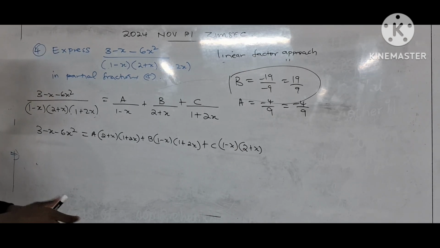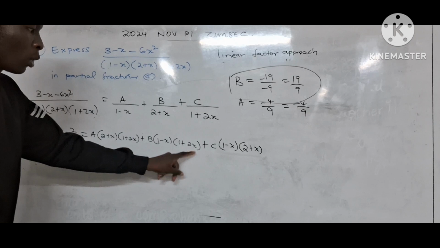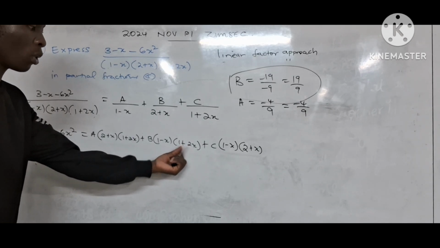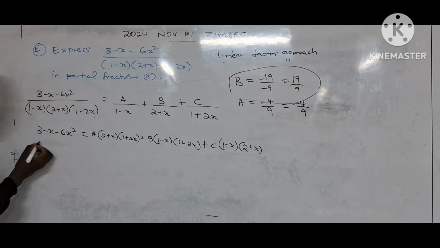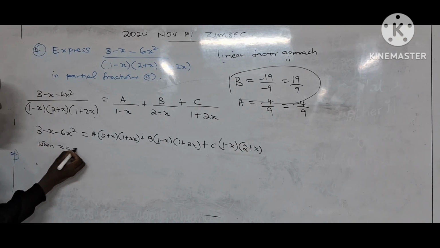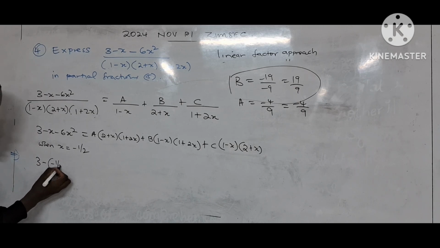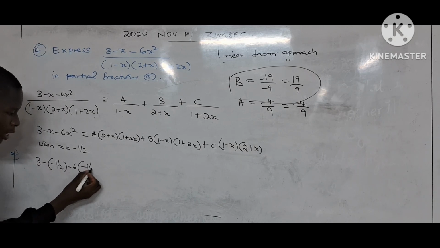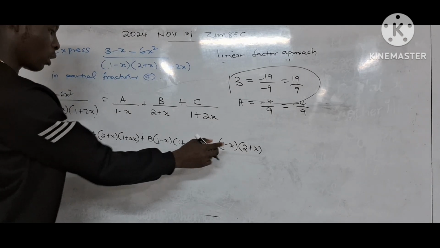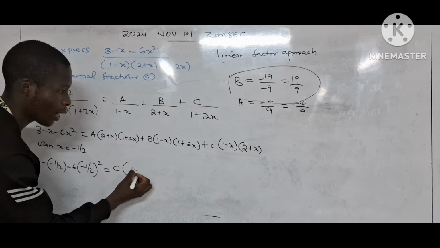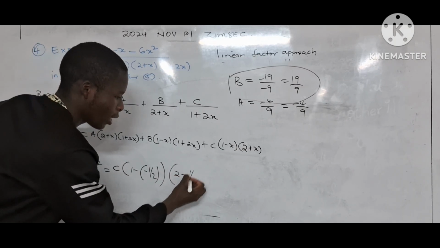Let's move on to the next part. Now, we want to find the value of x which makes this part equal to 0. So when x is equal to minus half, we have 3 minus half minus 6 into (minus half) to the power 2 is equal to, this will give a 0, this will give a 0, C into (1 minus half)(2 minus half).